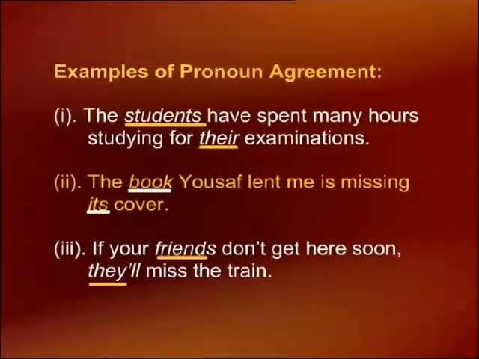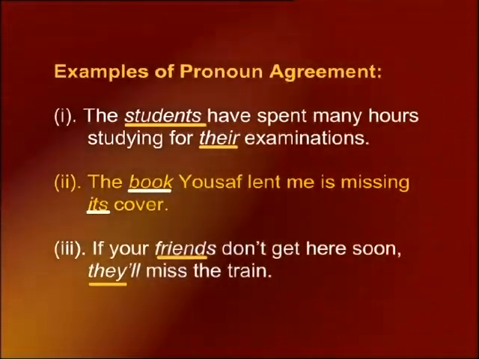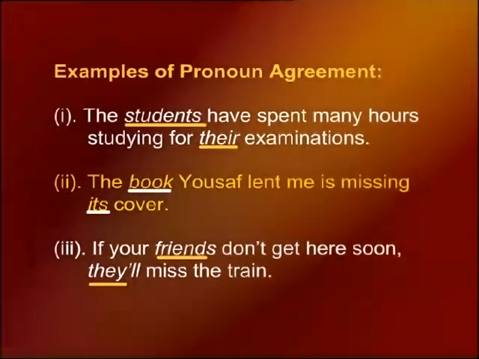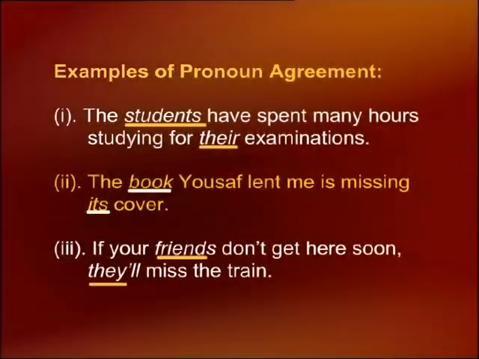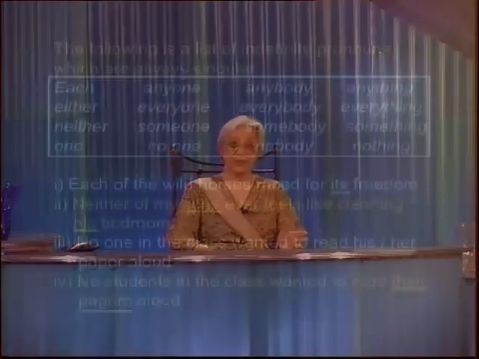Look at another example. If your friends don't get here soon, they'll miss the train. Now over there, the word they is a plural pronoun and it refers to a plural noun, which is friends.